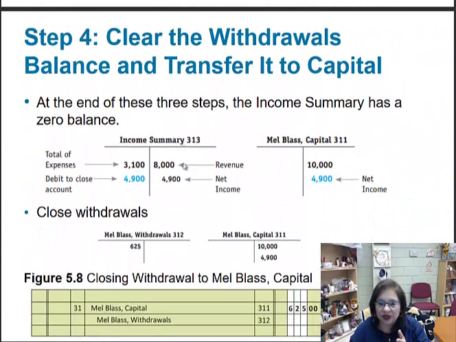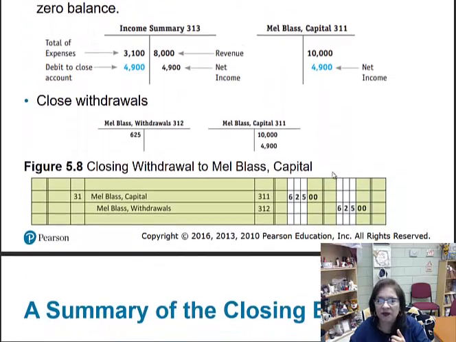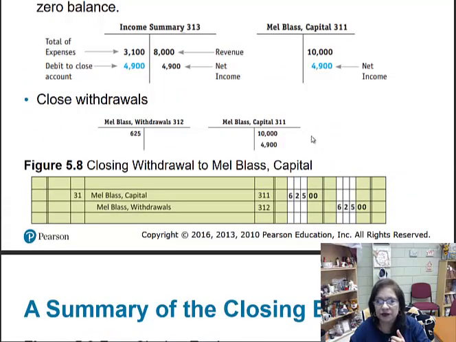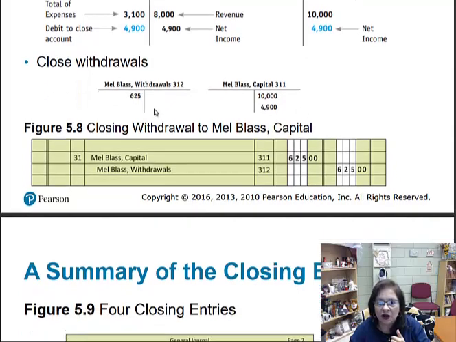So here's where you're doing this again, showing it a little bit more in detail. The $3,100 of expenses, revenue, debit to close, and you've got your net income. Then you add it to your capital account. Okay. So then what you do also is you have this amount here. Now you're going to close your withdrawals.